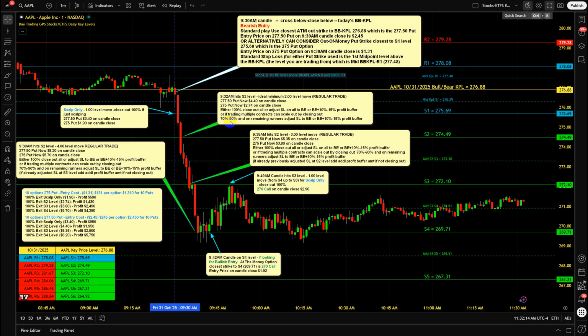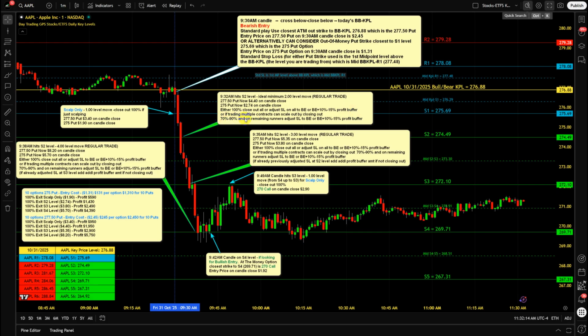You're closing them out if you decide to go this route where you want to scale out and still have some runners. So it's either I close them all out at this level, or I keep them, I don't close any of them, I adjust the stop loss to break even, or break even plus a 10 to 15% initial profit buffer on all of them.